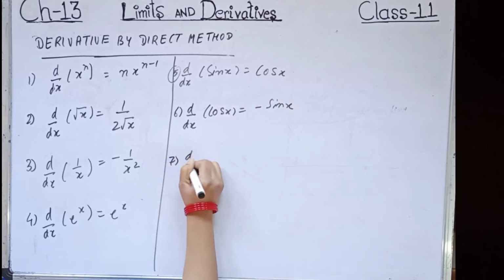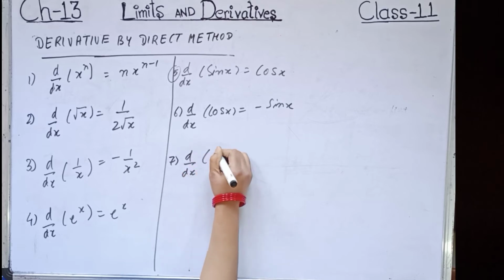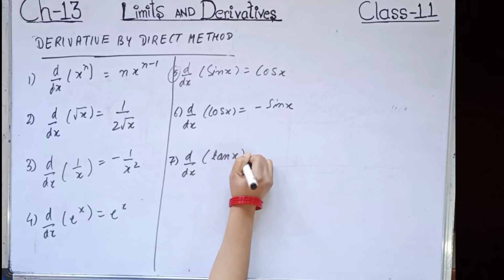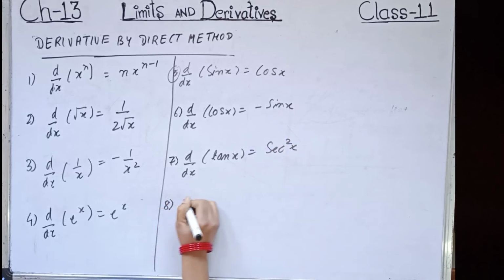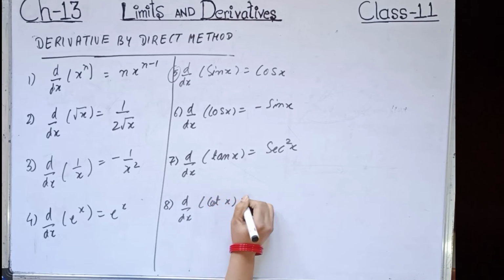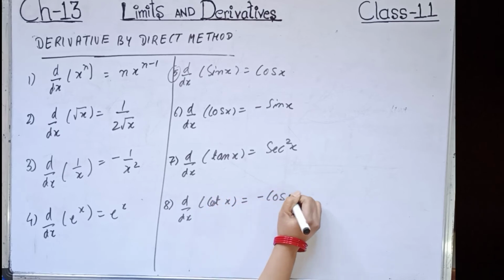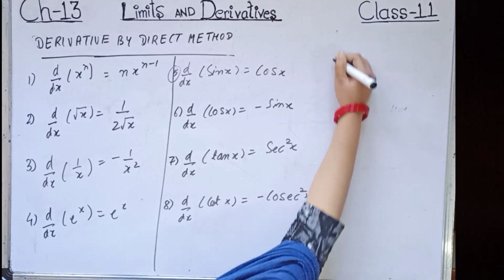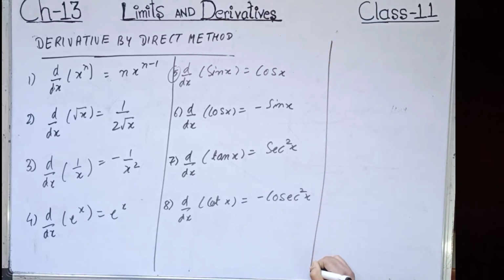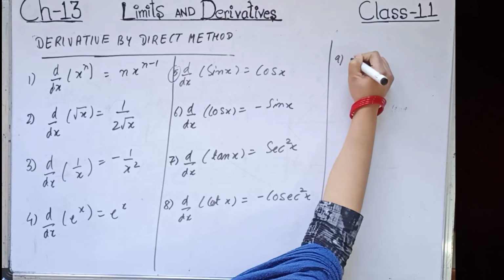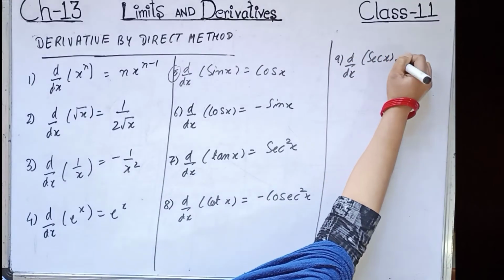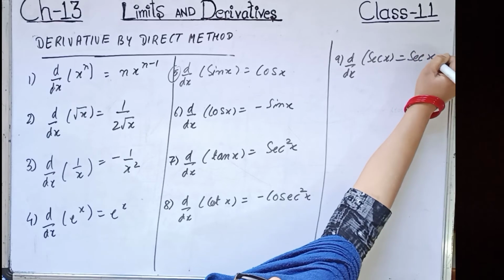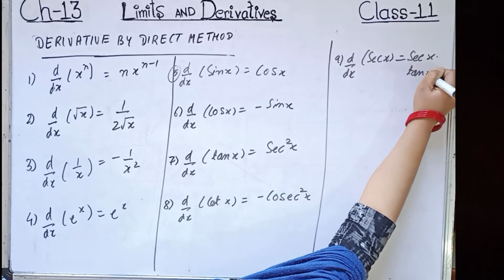Number 7, d by dx of tan x equals sec square x. Number 8, d by dx of cot x equals minus cosec square x. Number 9, d by dx of sec x equals sec x into tan x.